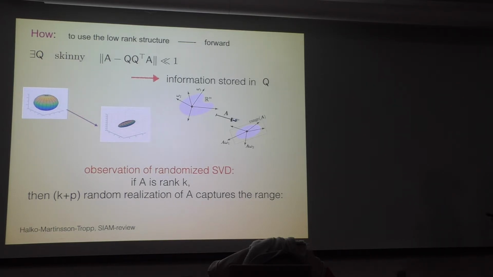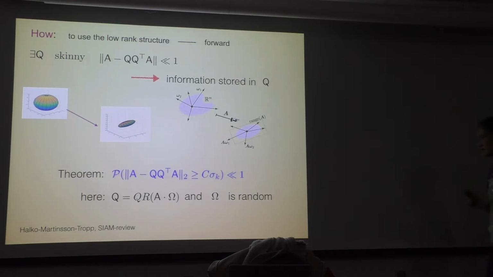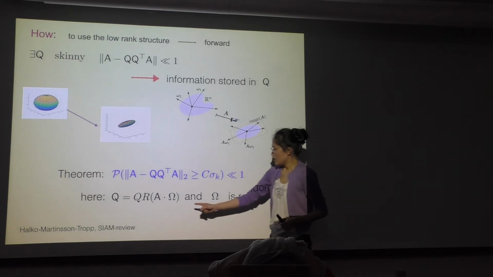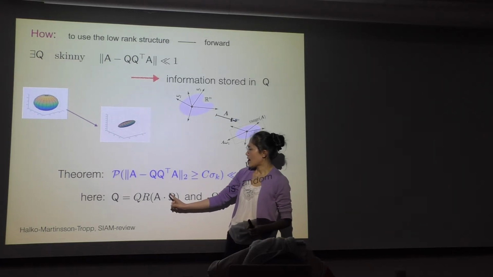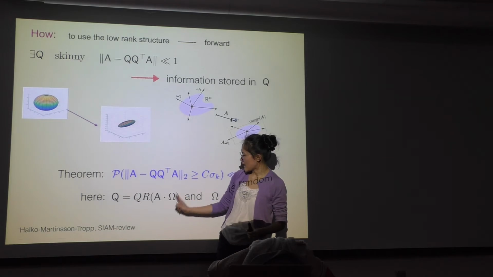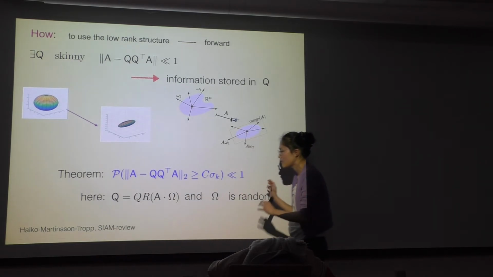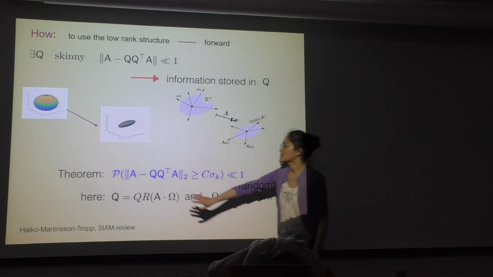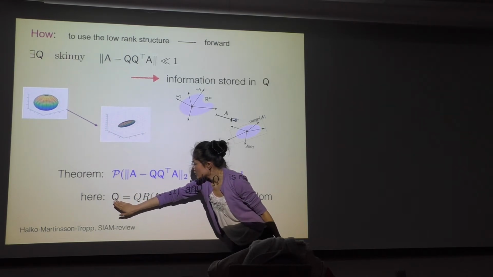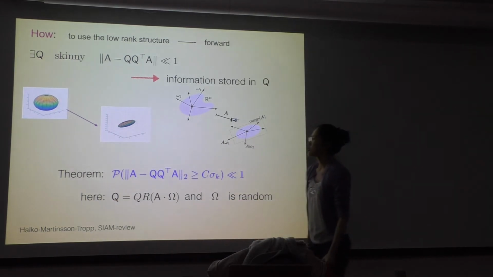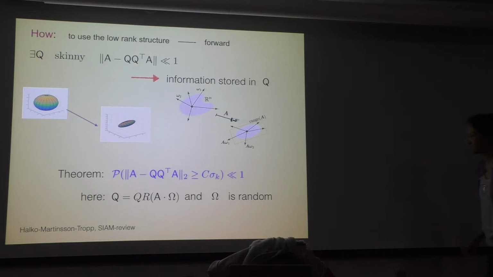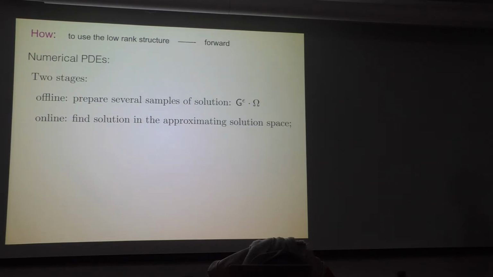So it's a randomized version of an algorithm, and the theorem is also a randomized version of it. You give me a random matrix, I map this matrix onto this random matrix, perform the QR factorization, etc. And the range that you accumulate, this cube, largely preserves the information. So that was the core of the algorithm that we prepared.